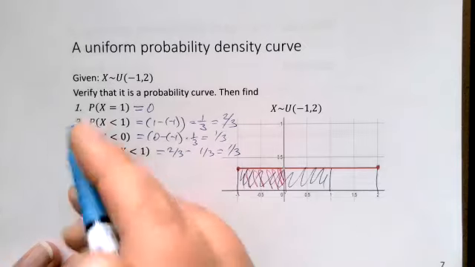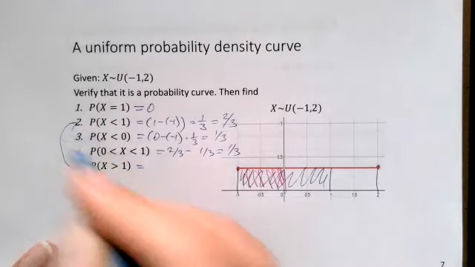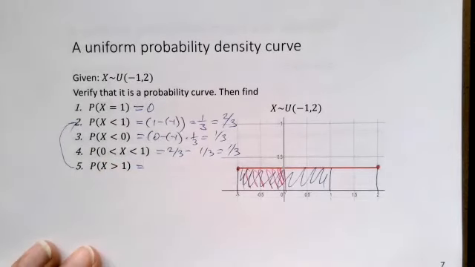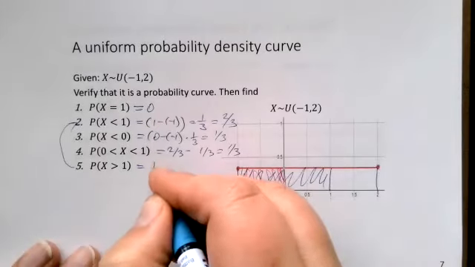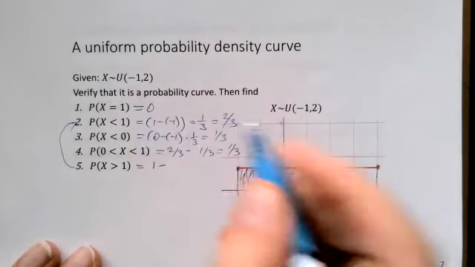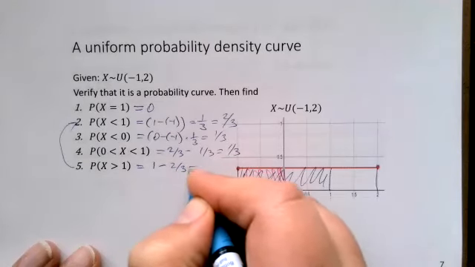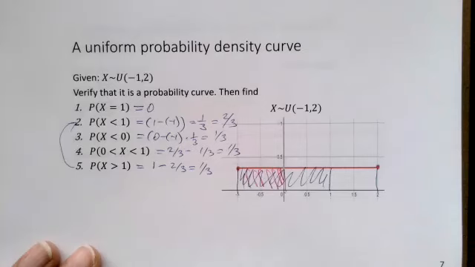So it's 1 minus 2/3, which is also 1/3. So that's how you use a uniform probability density curve.